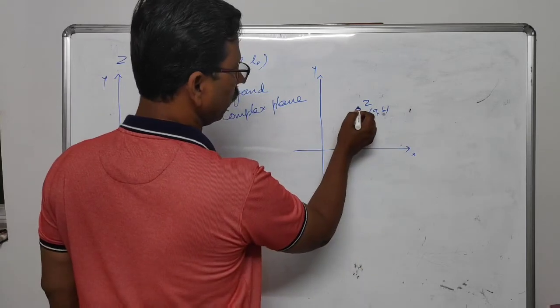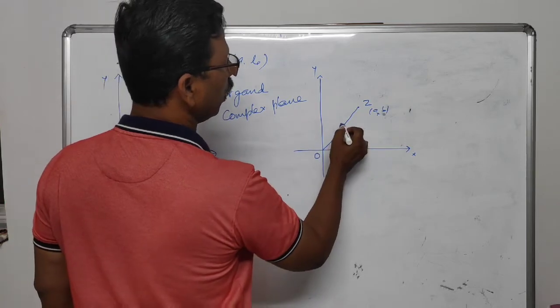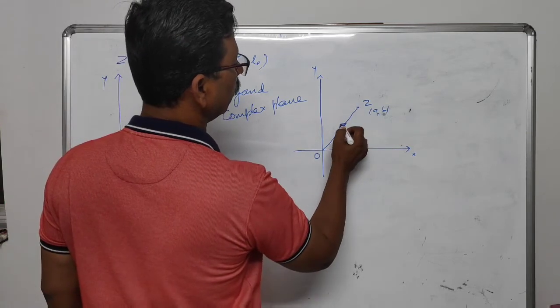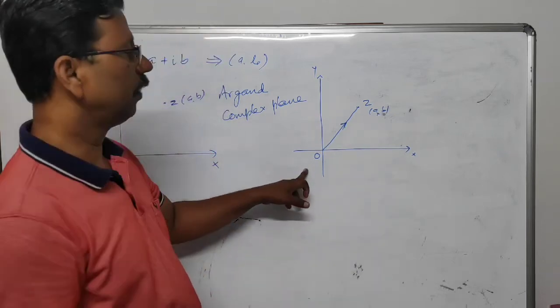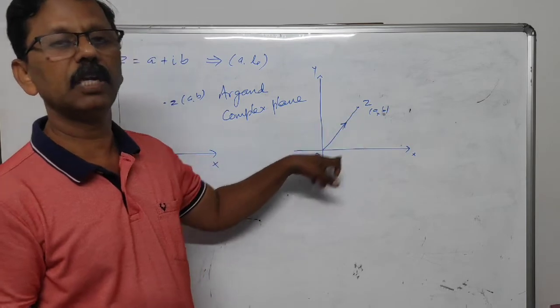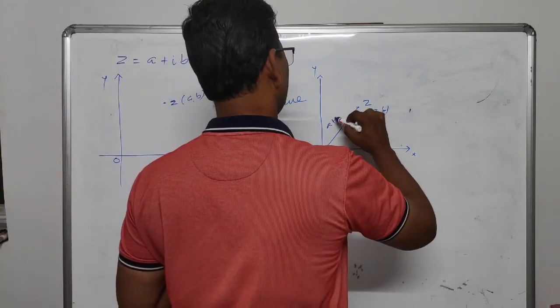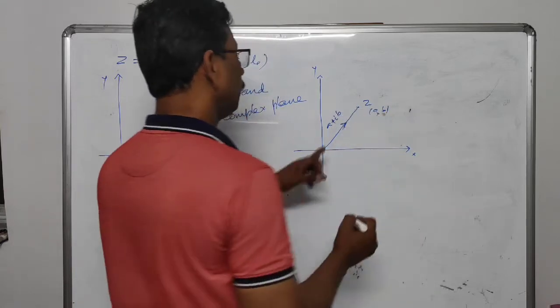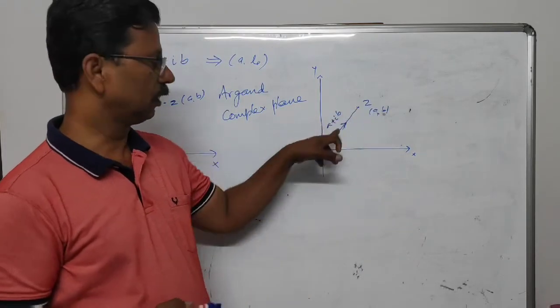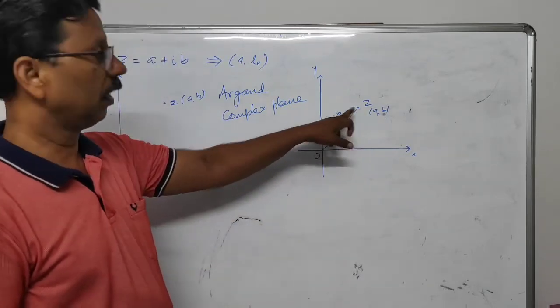If you draw a line from the origin to it and assign the direction, it becomes the position vector of the point z. That is, OZ can be called the position vector of the point z. This is nothing but a plus ib, that is, the vector OZ is equal to a plus ib. This is the position vector we are going to represent.